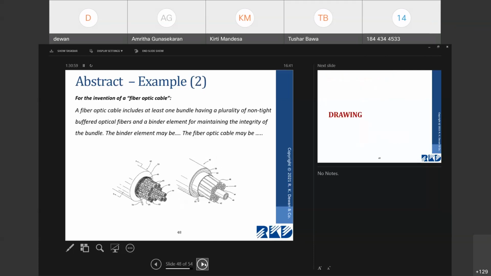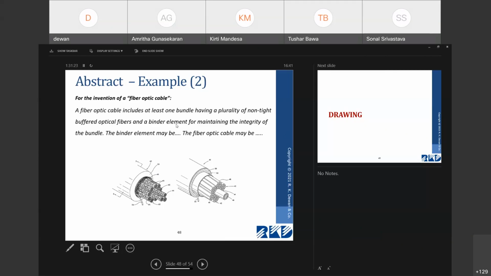This is another example. Again, here we have set the field. Then we have talked about the problem. The problem was at least one bundle having a plurality of non-tight buffered optical fibers and a binder element maintaining the integrity. The problem was maintaining the integrity of the bundle.